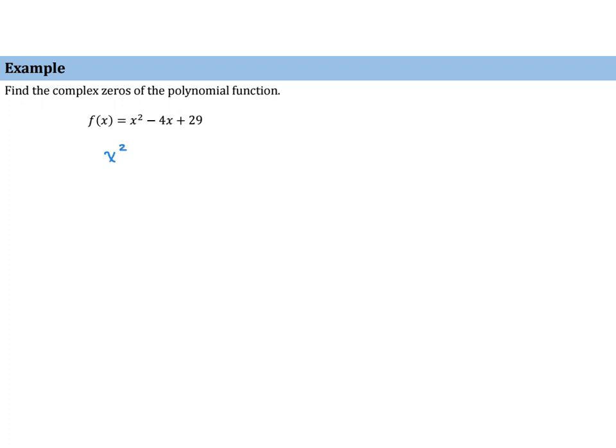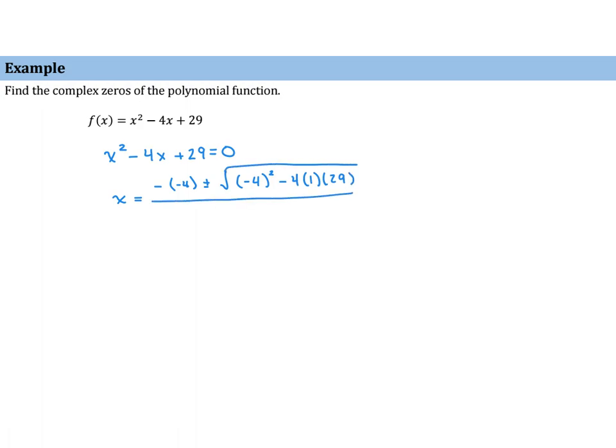If we solve this, x squared minus 4x plus 29 equals 0, we'll use the quadratic formula. We have negative negative 4 plus or minus the square root of negative 4 quantity squared minus 4 times 1 times 29, and that is all over 2 times 1.